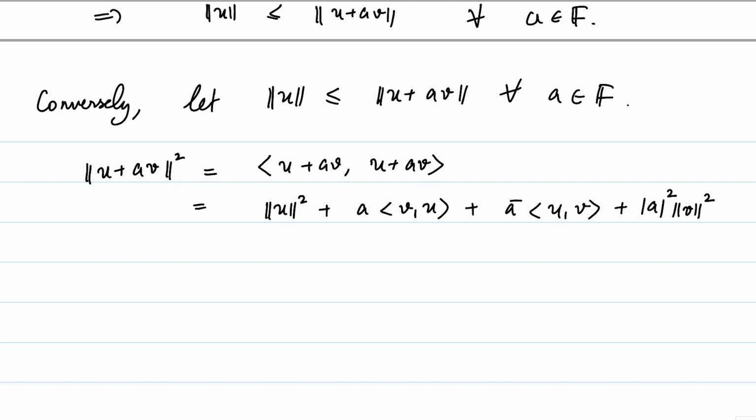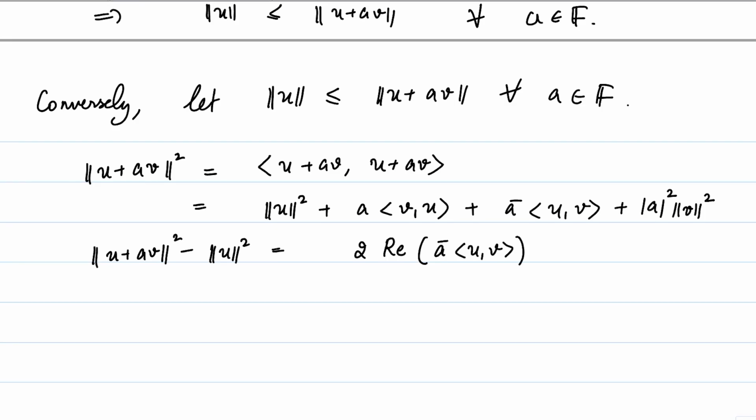Let's look at the length of u plus av squared minus the length of u squared. That is equal to a times (v, u) plus its conjugate, so I can write this as 2 times the real part of a bar times (u, v). Why is that the case?